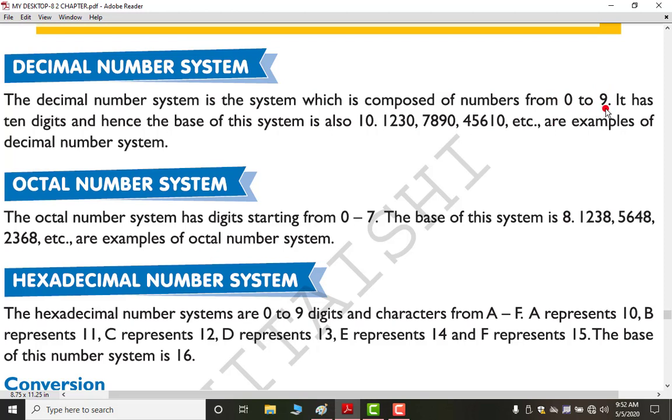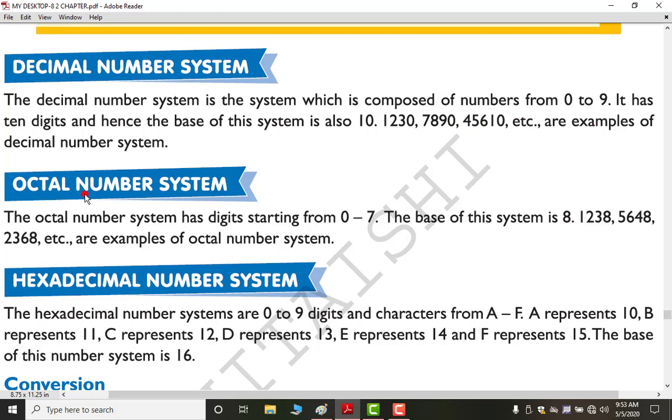Whether you write 0, or 9009, whatever in lakhs, in crores, they will be made of these digits. Okay, the total number of digits in this decimal number system is 10. That's why its base is 10. Okay, examples are given here.